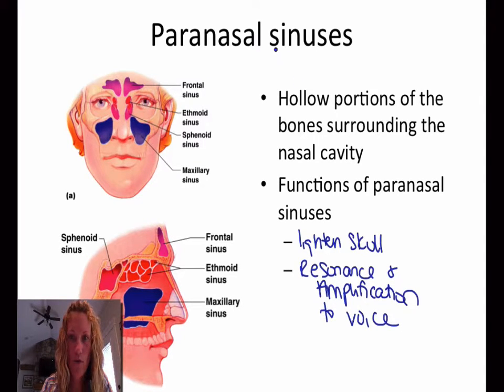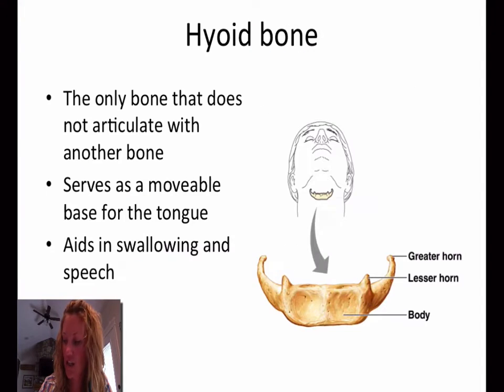You're probably most familiar with your sinuses when they cause you problems in the spring or in the fall. But you have sinuses, they lighten the skull, and they give resonance and amplification.